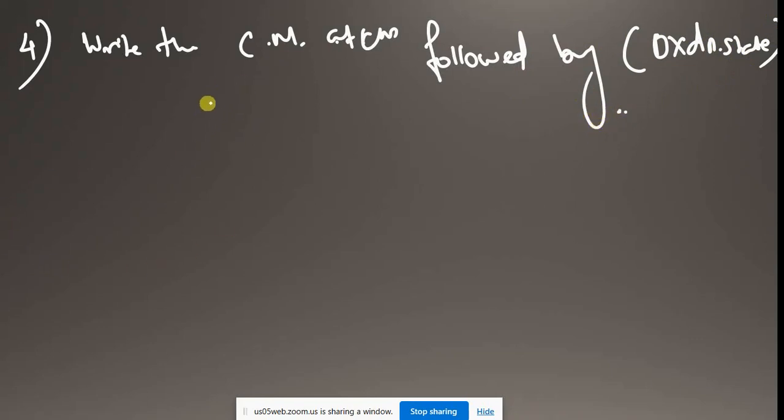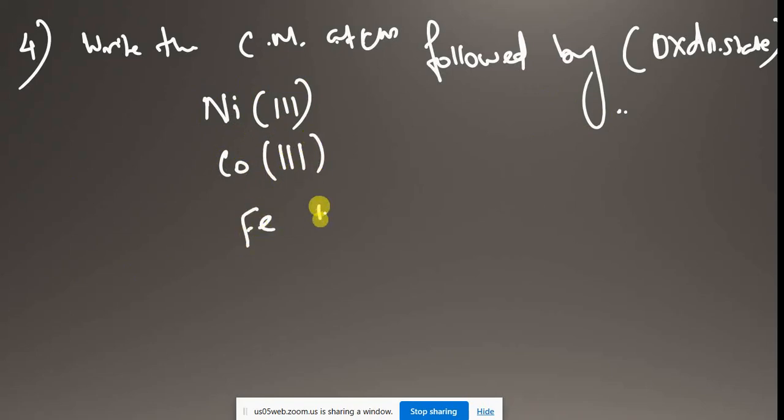For example, nickel(III), cobalt(III), iron(II). Like this you have to write. And finally, write the name of the anion. That's all the rule.